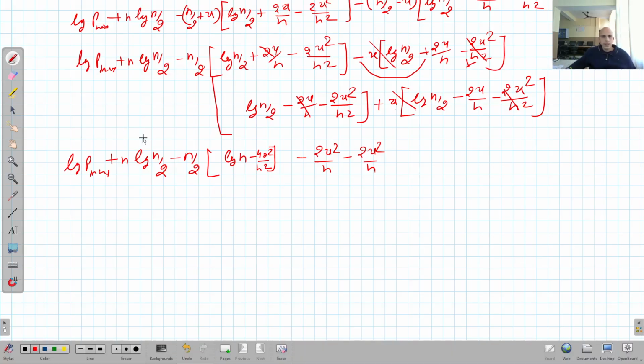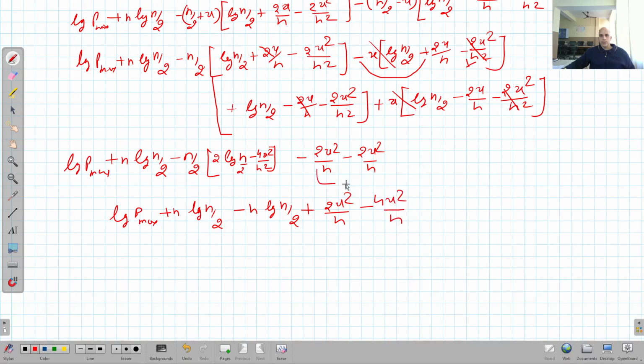Here I think I have made a mistake. Log of n by 2 plus log of n by 2, it will become 2 log of n by 2. So when I multiply it, I will get log of p maximum plus n log of n by 2 minus n log of n by 2 plus 2x square upon n, right, minus 4x square upon n, these two terms, right?